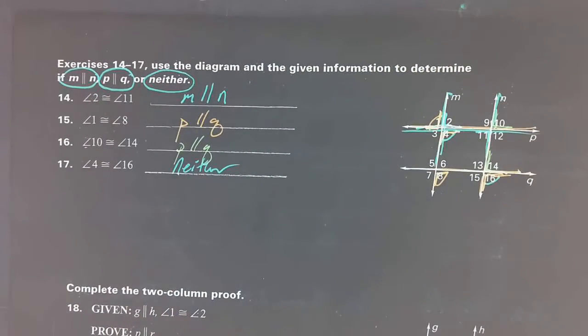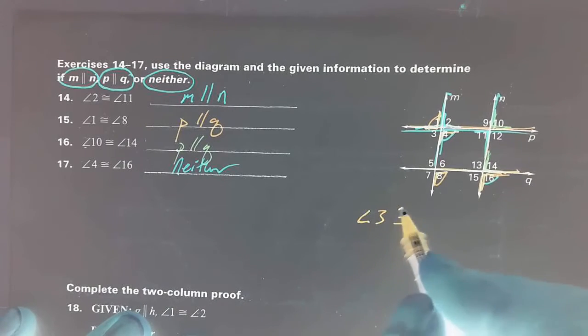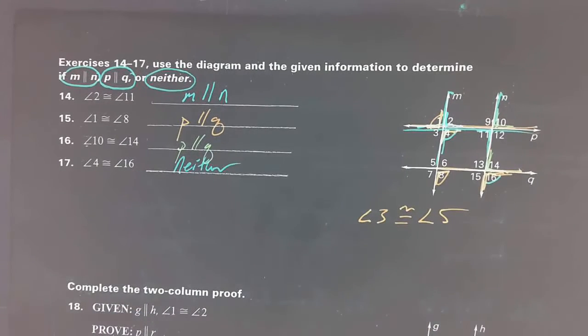Now, what if I said angle 3 is congruent to angle 5? Unless they were each right. Is M parallel to N, P parallel to Q, or neither? Wait, 3 and 5? Yeah, 3 and 5 are congruent, I'm telling you. Well, you can't prove that. They are what kind?